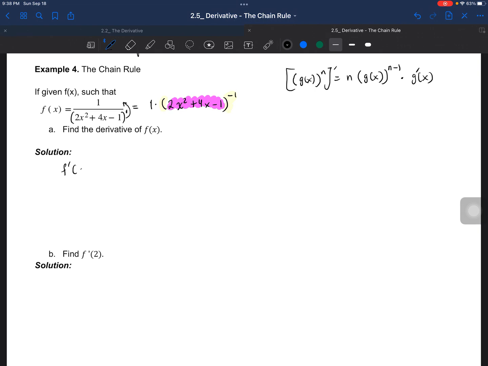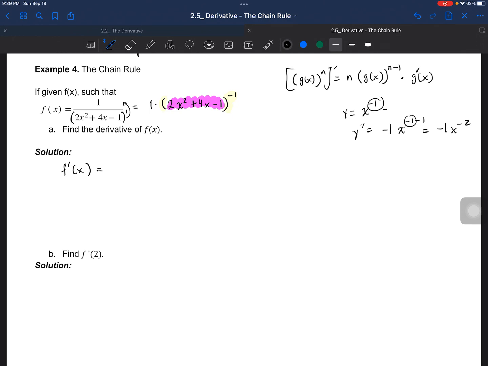The derivative is going to be the derivative of the outside. So what's the derivative of x to the negative 1? Well, it would be negative 1 times x to the negative 1 minus 1, negative 1 x to the negative 2, because you have to subtract 1 from the power.